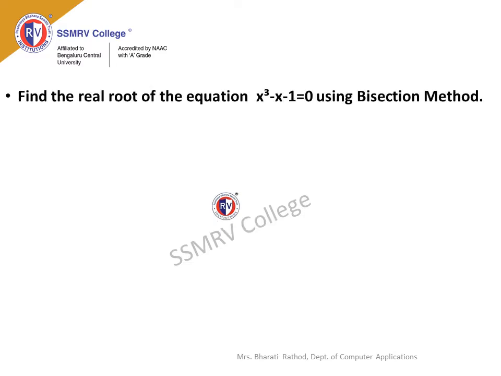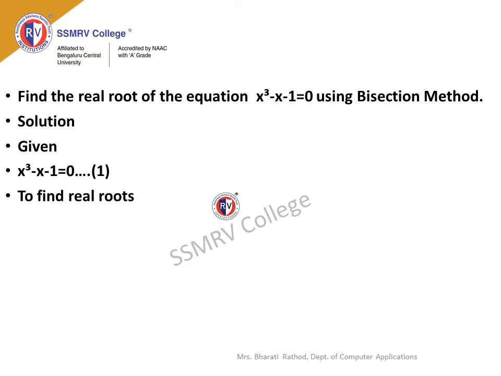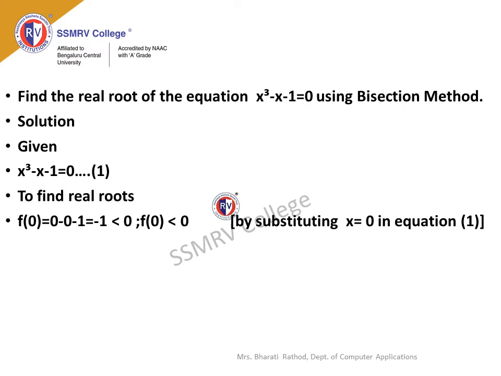Find the real root of the equation x³ − x − 1 = 0 using the bisection method. Solution: we have the given equation x³ − x − 1 = 0, consider it as equation number 1. Now we have to find the real roots. We start with the value x = 0 to find negative and positive roots. Put x = 0 in equation 1, we get −1, which is less than 0.